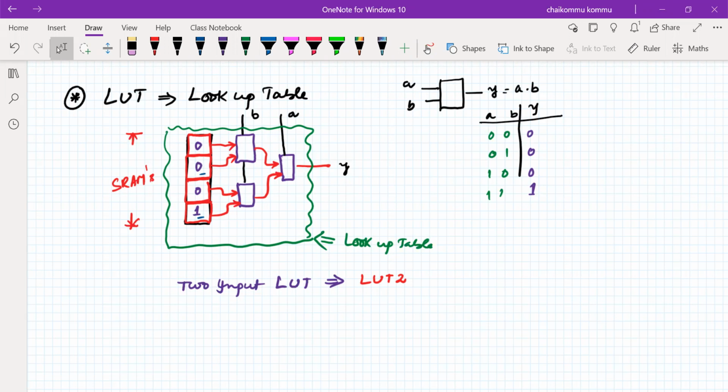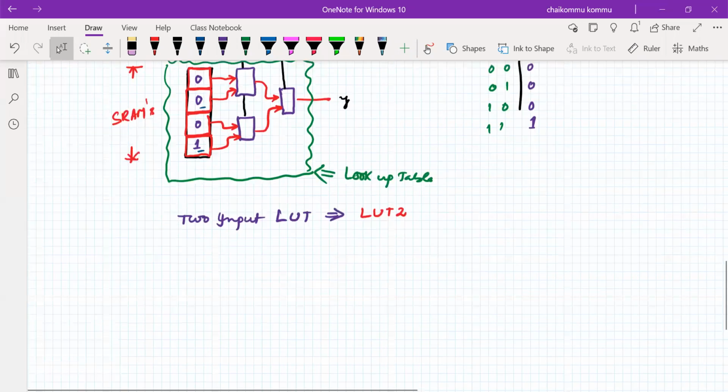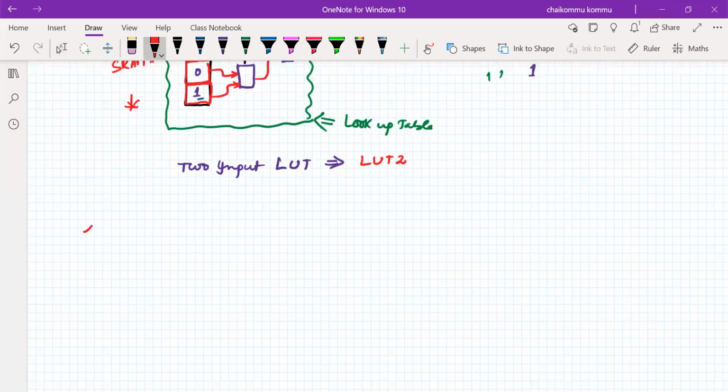How much functionality and what efficiency all depend on the type of CLB used. So let us consider a simple CLB.